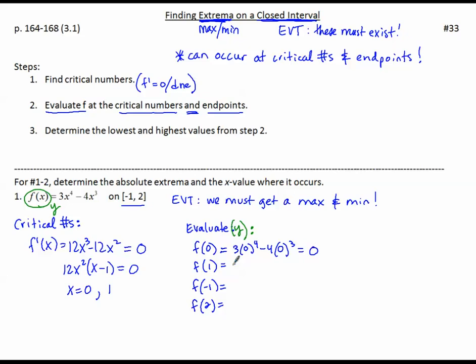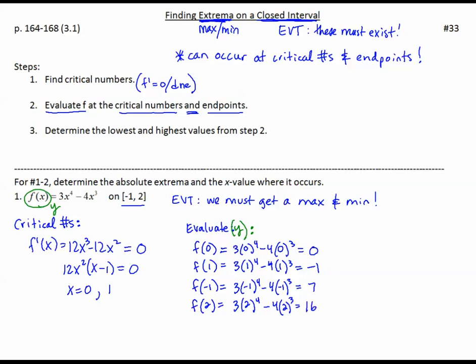Let's evaluate the rest: 3 times 1 to the 4th minus 4 times 1 cubed, -1. And then the endpoints: 3 times -1 to the 4th minus 4 times -1 cubed makes 7, and 3 times 2 to the 4th minus 4 times 2 cubed makes 16.